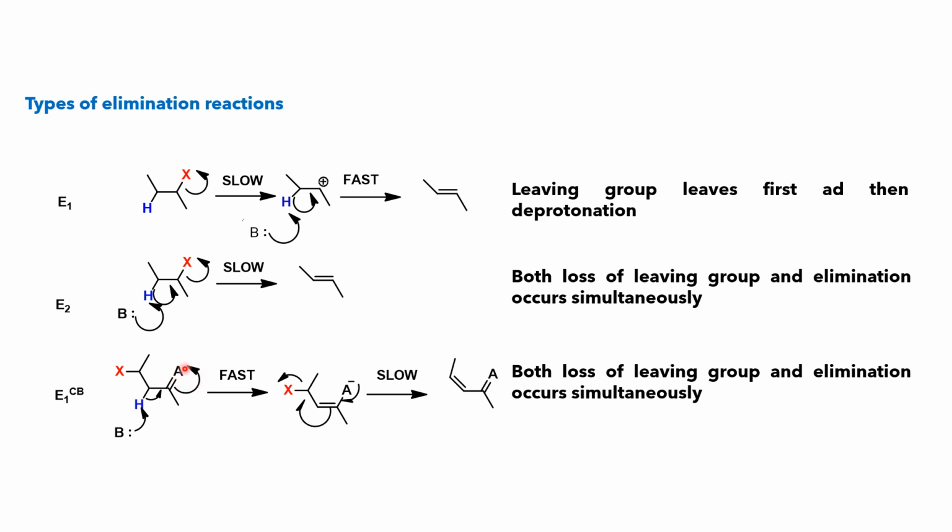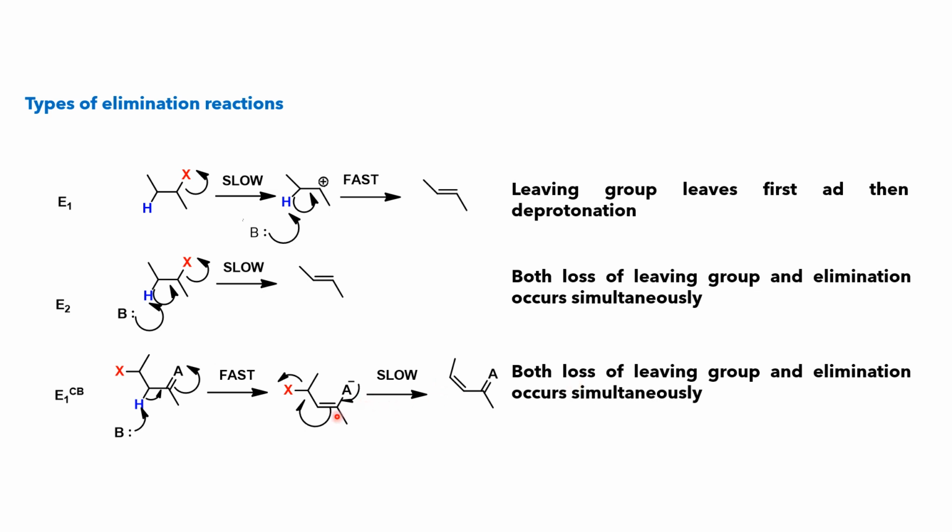So when you have such a type of group, in the first step, the proton will be eliminated. That is, deprotonation will take place, resulting in the formation of an anion. And that anion is stabilized by this anion stabilizing group. That is, the bond can be shifted to this anion. And in the second step, it will eliminate the leaving group, and that is the slow step.